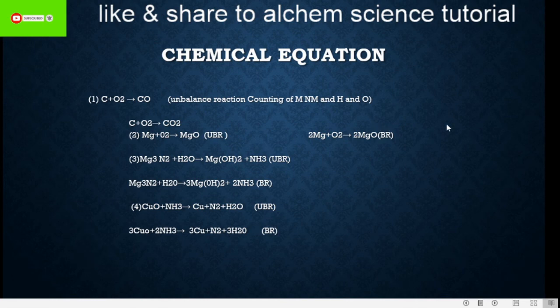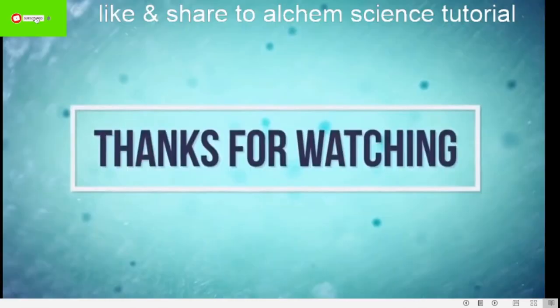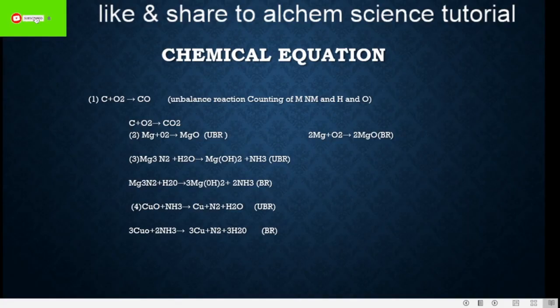So you can balance a chemical reaction just by counting the number of metal atoms present on the left side and right side of the reaction. After that, count the non-metals on the left and right sides, and after that find the hydrogen and oxygen. So you just need to understand three things for balancing any chemical reaction. First, count the metal present on both sides. After that, count the non-metal present on both sides of the reaction. Finally, count the hydrogen and oxygen present on both sides of the reaction.